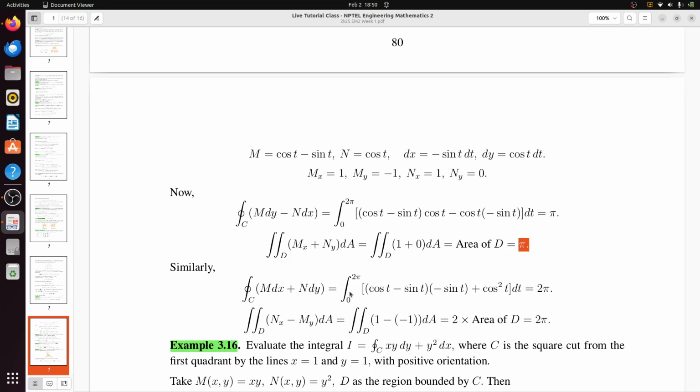C is the square cut from the first quadrant by the lines x equal to 1 and y equal to 1 with positive orientation. Square cut means you have 4 lines: x equal to 0, x equal to 1, y equal to 0 and y equal to 1, the square. Solve it.